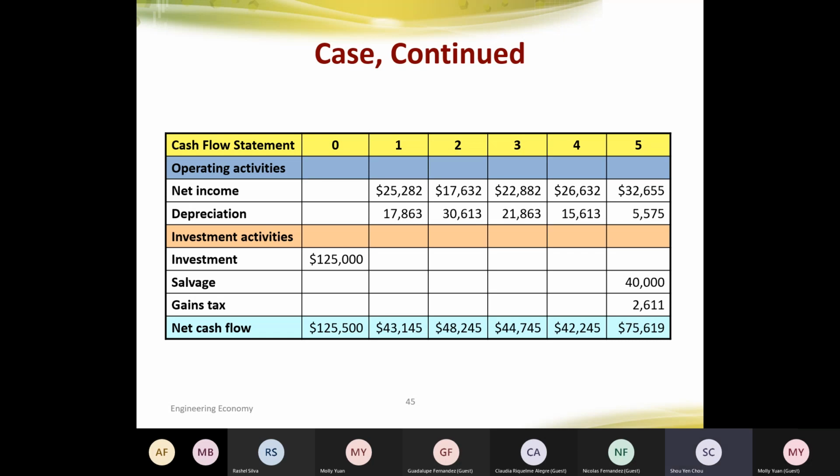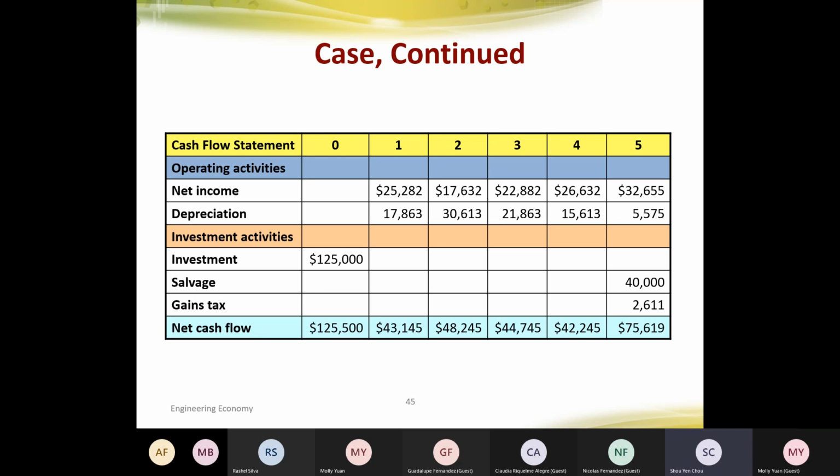But what we want to have is net cash flow. So here in the cash flow statement, we have this net income. We will add depreciation back. You can see, right? Just like what we did before. And now we look at the investment. This investment will result in the depreciation that we saw in the previous page.